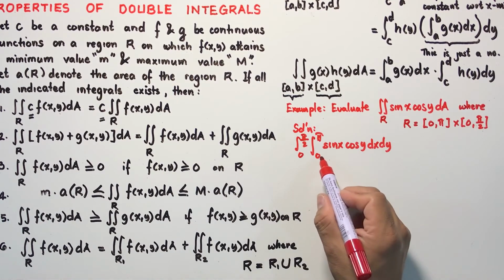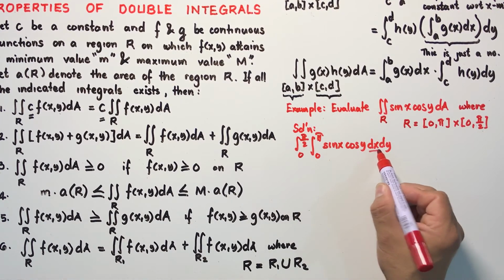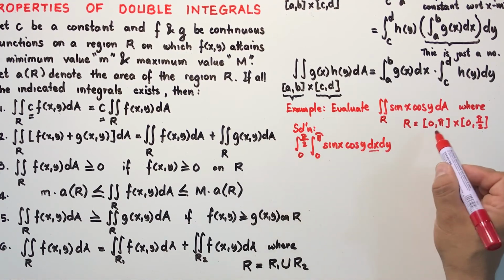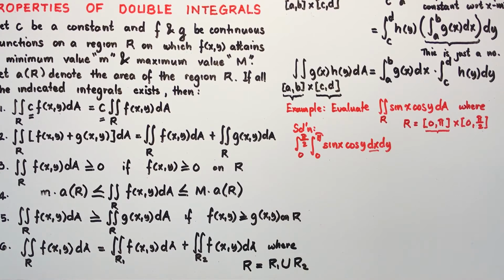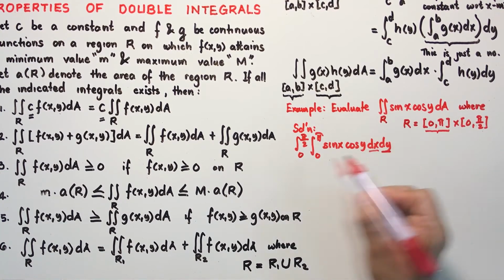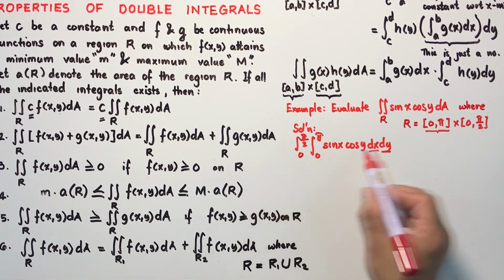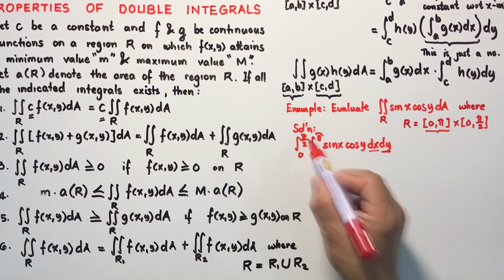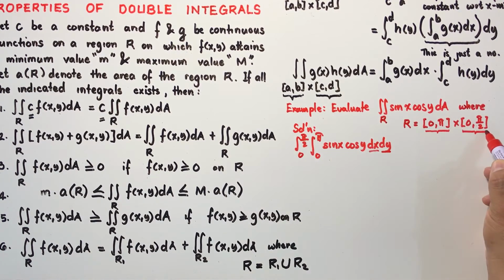So our limits of integration for x is from 0 to pi because that is the interval of x's. And the limits of integration for our outer integral, which is with respect to y, is from 0 to pi over 2 because that is the interval for y's.